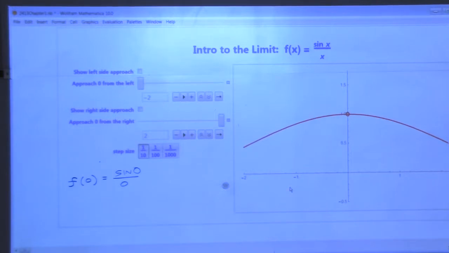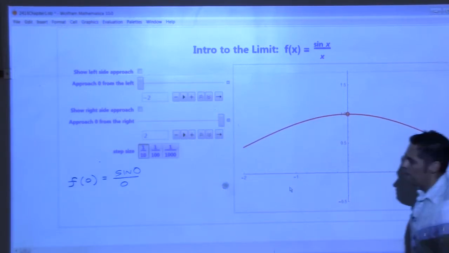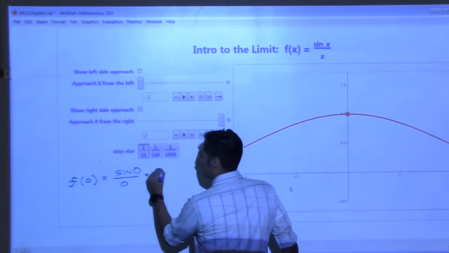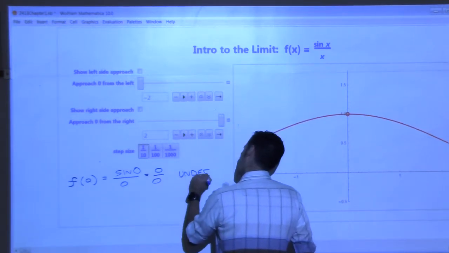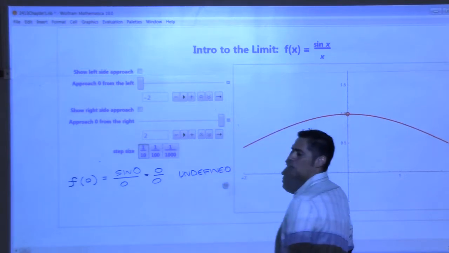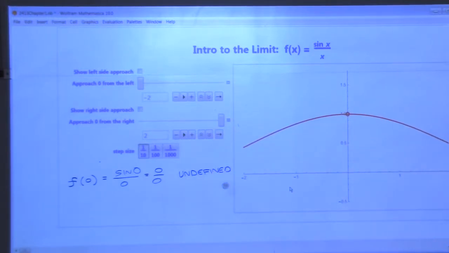What's sine of 0? 0. Sine of 0 is 0. So this is giving us 0 over 0, which is undefined, right? Which means that we should have a hole there, which we do in this graph. I've made it clear that there's a hole.